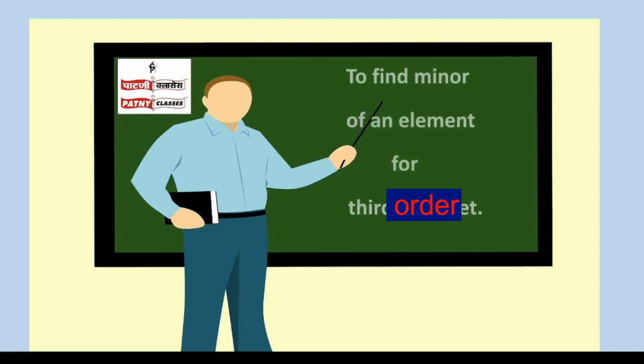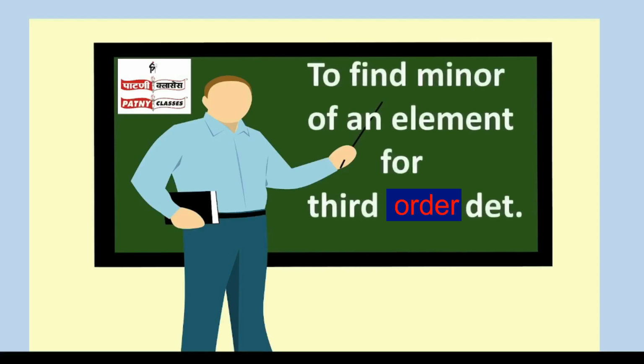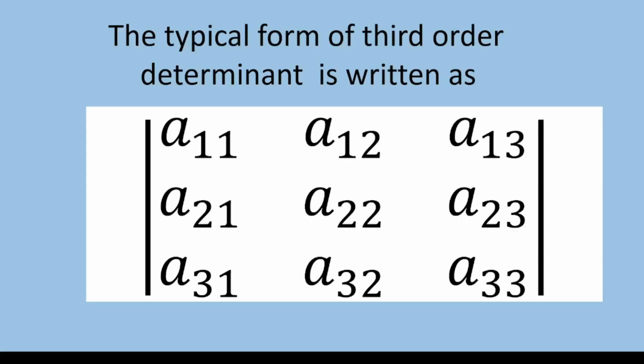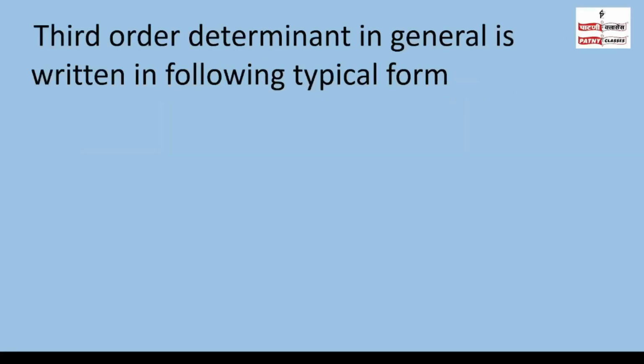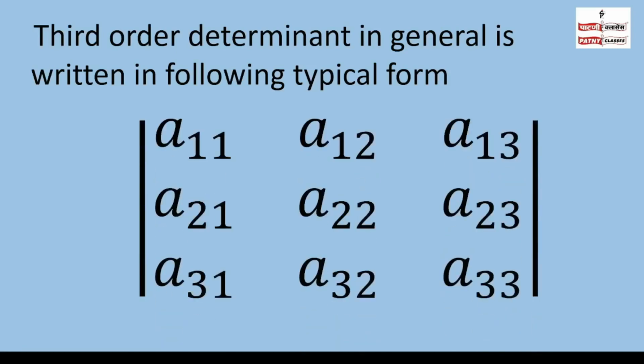To find the minor of an element for a third order determinant. The typical form of a third order determinant is written as shown below. Every element has some number written in suffix form.